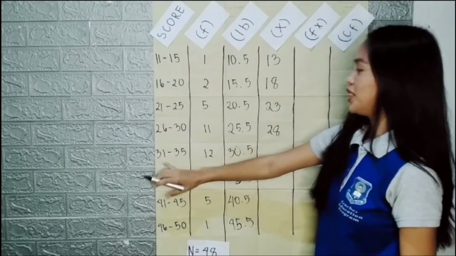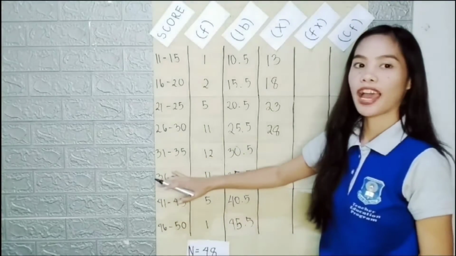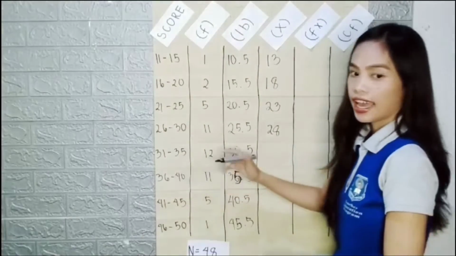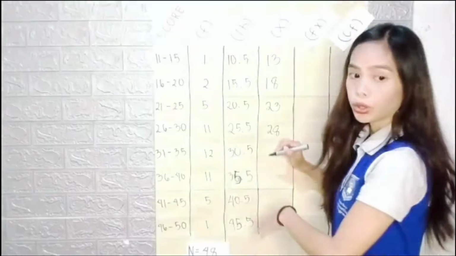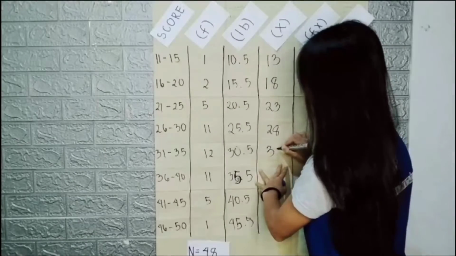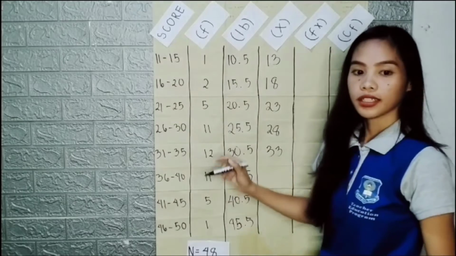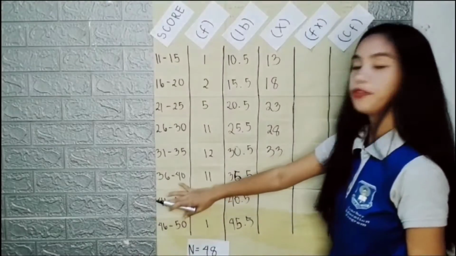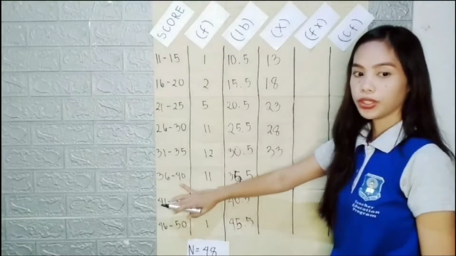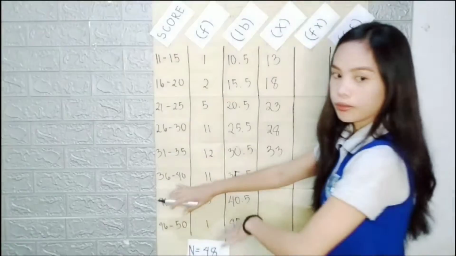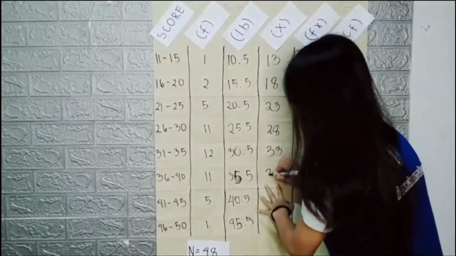Next is 31 plus 35 is equal to 66, and divided by 2, the answer will become 33. The next is 36 plus 40 is equal to 76, and divided by 2 will become 38.